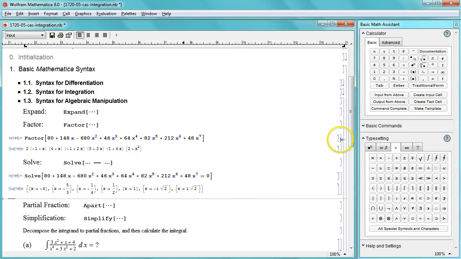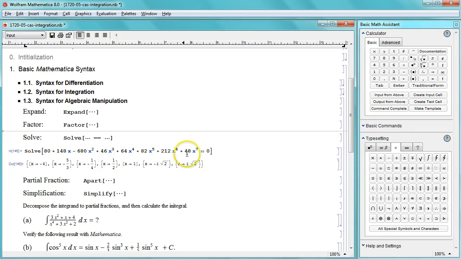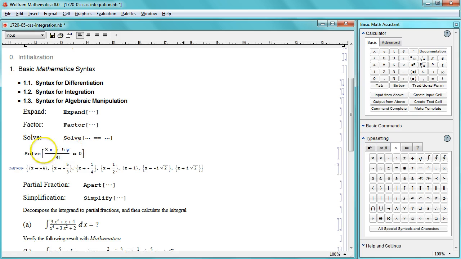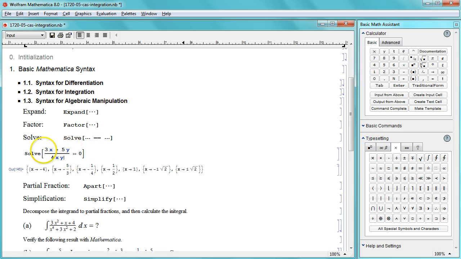So, for example, you can use Solve commands to do something like this. 3x plus 5y over 4xy minus 5z is equal to 1.